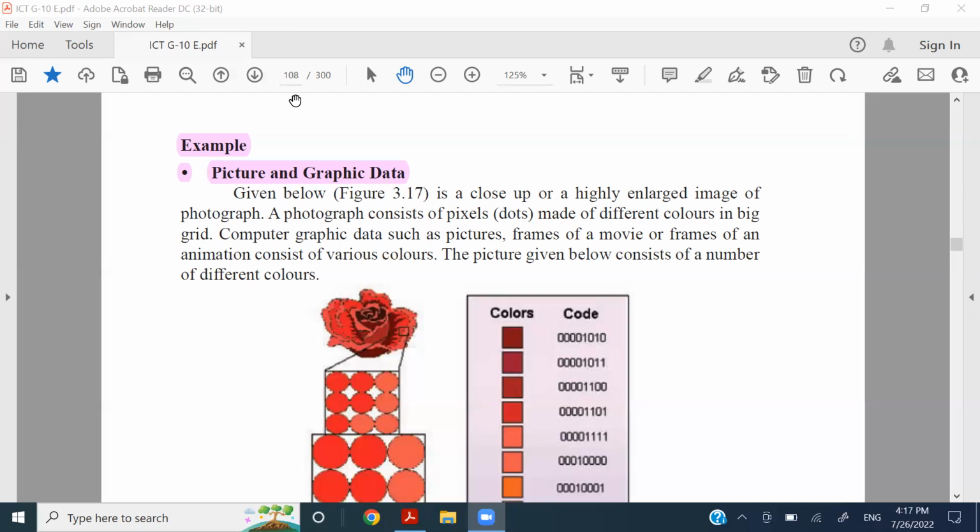I said it like this: in a picture, there are many different colors. Great, that's good. To represent each and every color and its shades.